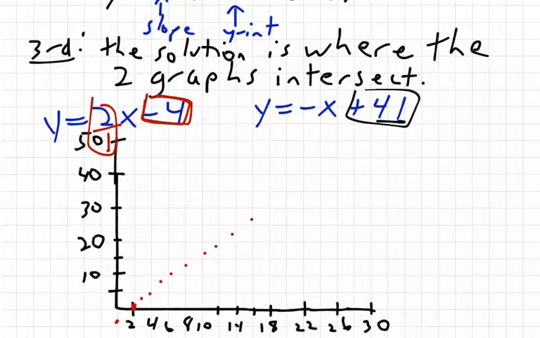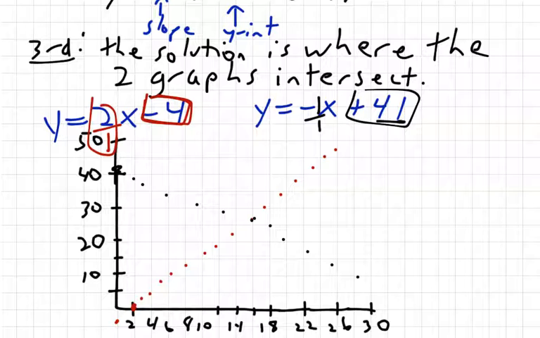Okay, take a look at the second equation. Our y-intercept's 41, so we're going to start up at 41, so right about there. And then our slope is -x. That's really a -1 over 1 for our slope. So that means we go down 1, right 1, down 1, right 1, down 1, right 1. And we're going to keep doing that, and this is what it's going to look like.